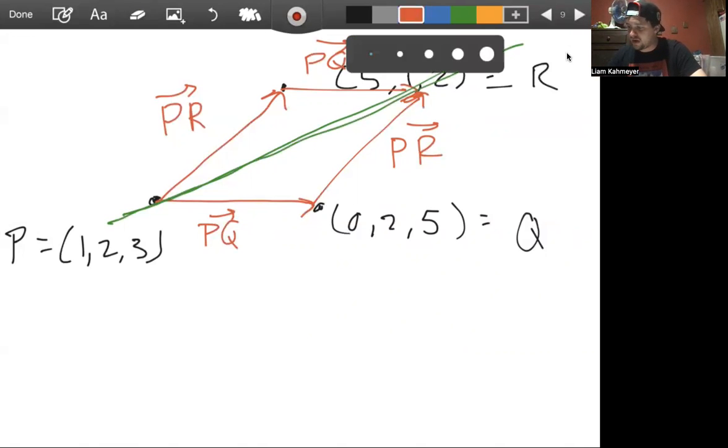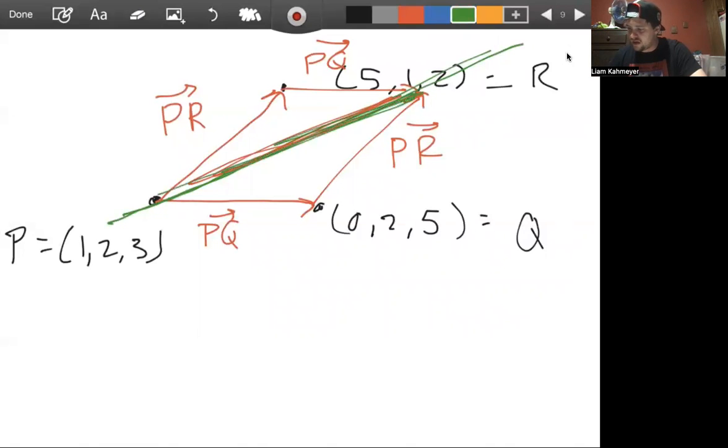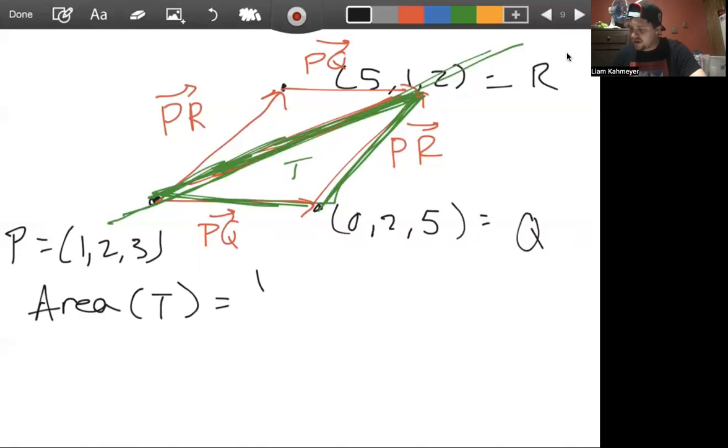And the triangle that we want the area of is one of these 2 triangles that was the result of splitting your parallelogram. So this would be T, right? And so what does that mean? Well, that means that the area of T is 1/2 the area of the parallelogram P.